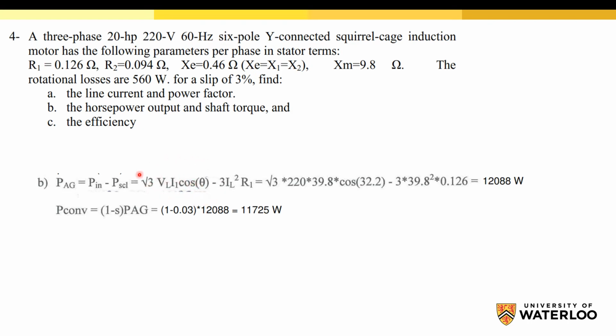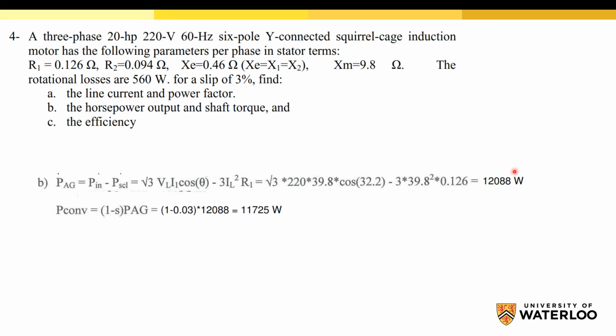So this is to calculate the input power. For the stator copper loss, it is I input squared times R1 times 3, because we have 3 phases. So this is the total stator copper loss. So the input power minus the stator copper loss is equal to the air gap power.